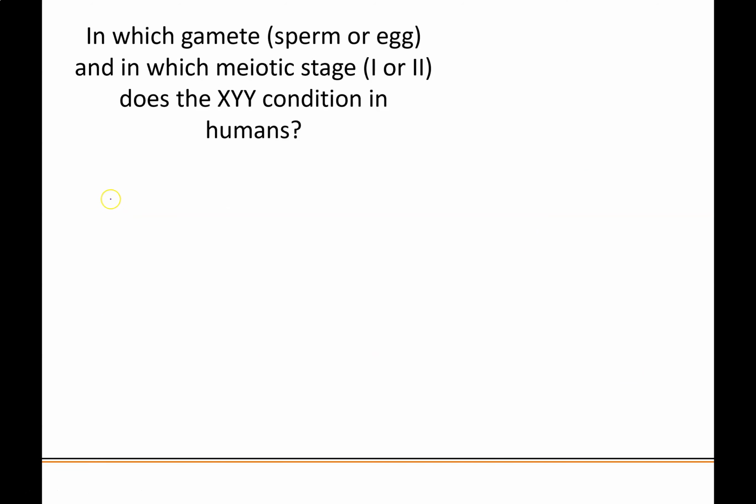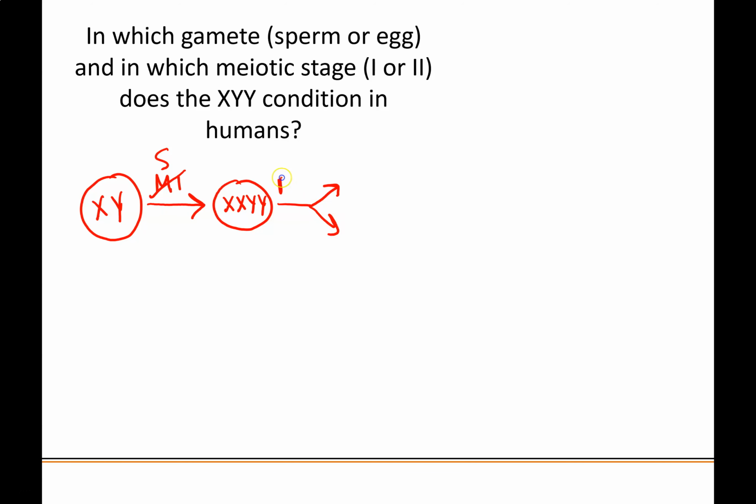So here, again, we are going to start with a male cell. So we have in the testes our X and Y cell. Again, actually this is going to be S phase. We're going to duplicate our chromosomes. Meiosis 1 is going to occur normally, and we are going to separate homologous chromosomes.